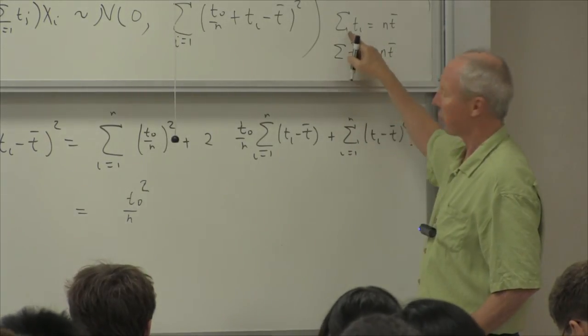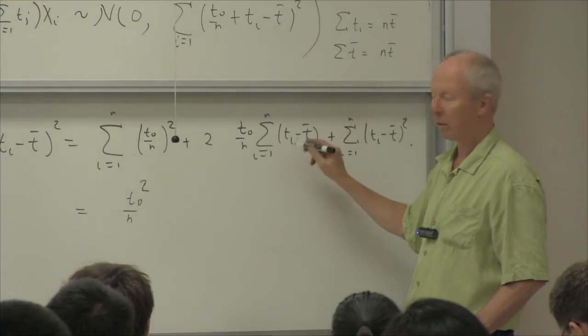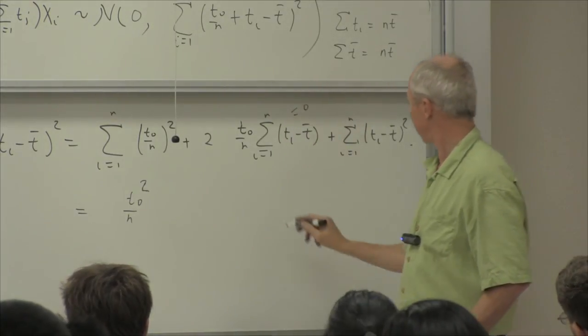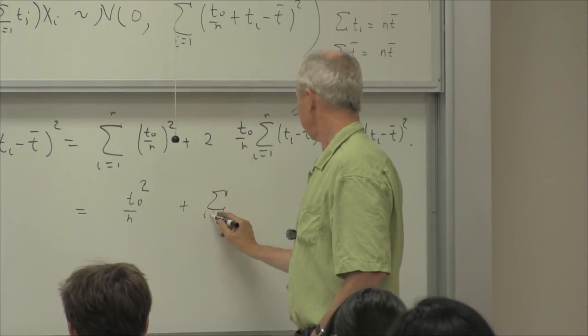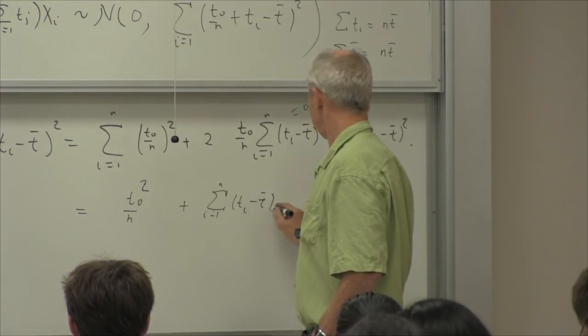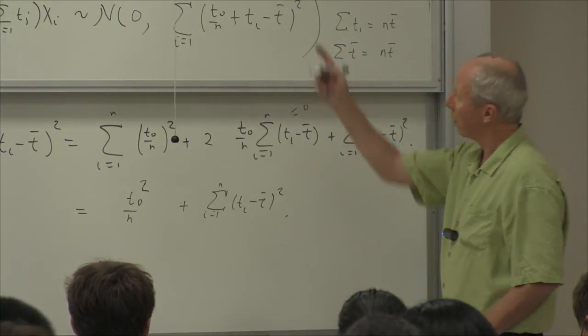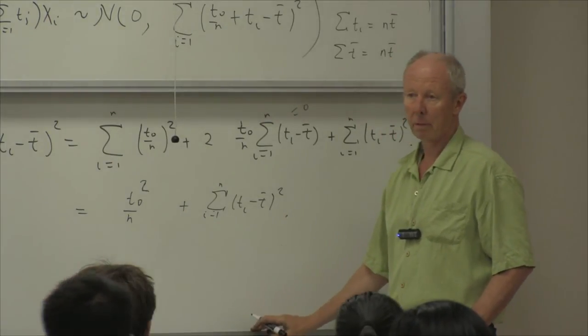But I'm subtracting this from this, so what does this become? 0. This part is 0. So this random variable up there is normal with this variance and mean 0.